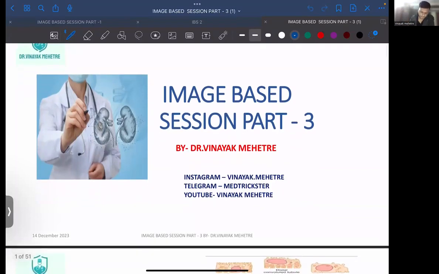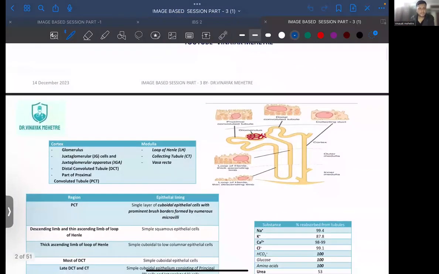First one is, which part of the kidney lies in the cortex and which part lies in the medulla? That is an anatomy and physiology question as well. In the cortex we have the glomerulus, JG cell, JG apparatus, distal convoluted tubule, and part of the PCT. In the medulla we have the loop of Henle, collecting duct, and vasa recta.